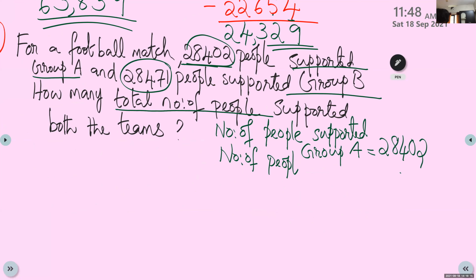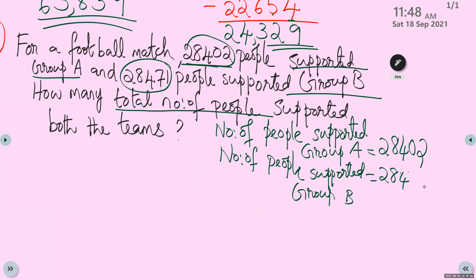Number of people supported group B. 28,471. Okay. Now, next step, what will you write? Total number of people supported both groups.